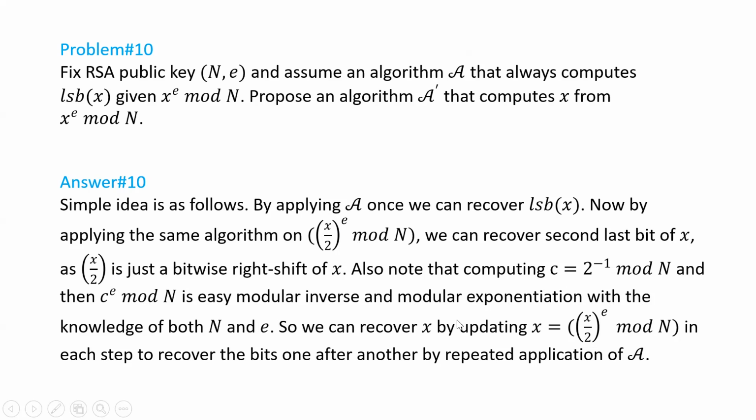So we can compute x by updating x equal to (x by 2) to the power e, which is nothing but x to the power e mod n, the value that is available to you, multiplied by c to the power e, that is (1 by 2) to the power e. So you update x to the power e mod n at each iteration of the loop, and like that in each step you recover the bits one after another by repeated application. Okay.